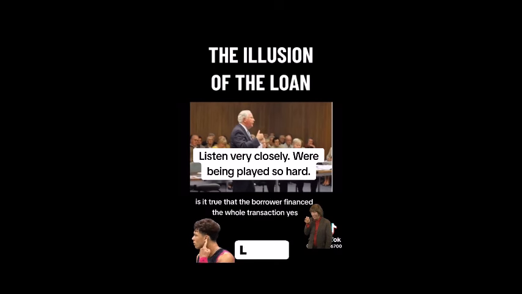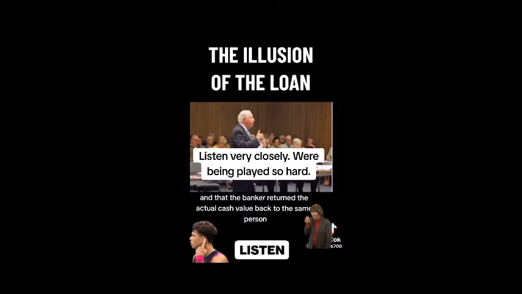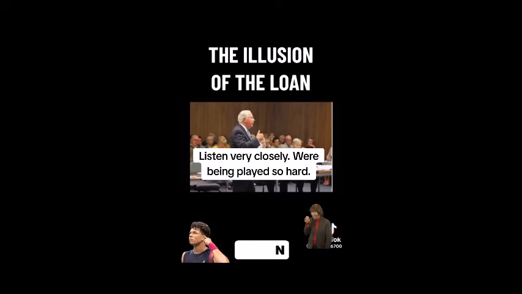Is it true that the borrower financed the whole transaction? Yes. Are you telling me the borrower agreed to give the bank $200,000 actual cash value for free, and that the banker returned the actual cash value back to the same person as a bank loan? I was not there when the borrower agreed to the loan.